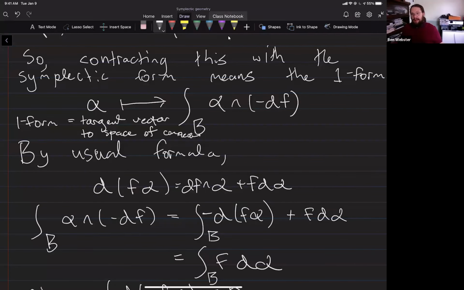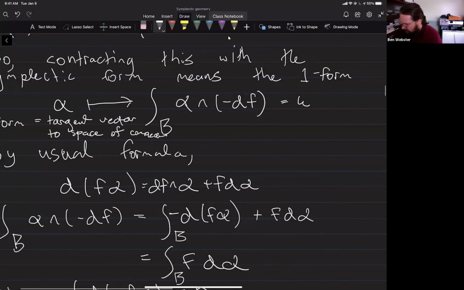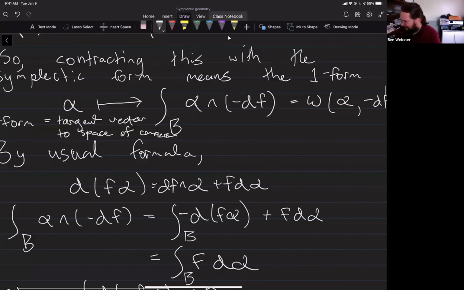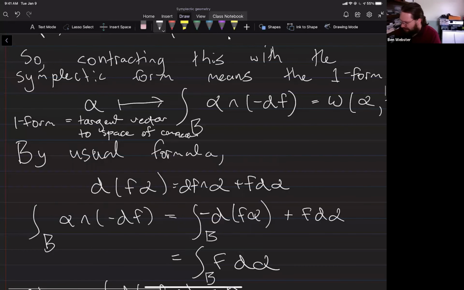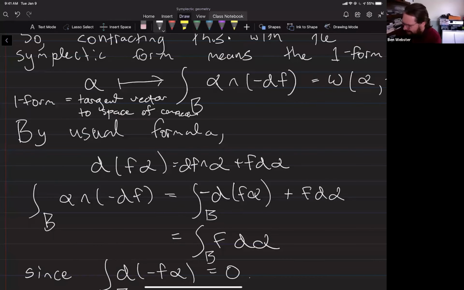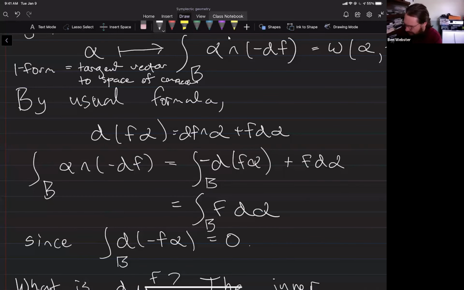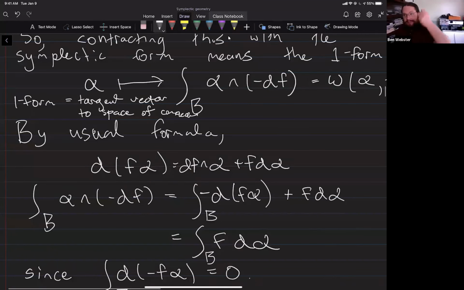And I want to contract that in the symplectic form with minus df. I'm now worried that I've gotten the ordering wrong, but we won't worry about that. I'm also slightly worried about whether I got the signs right here. That's just an occupational hazard. So that means I take alpha, I wedge it with minus df, and I integrate that over my two manifold.